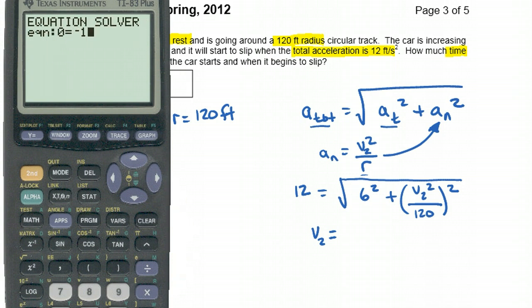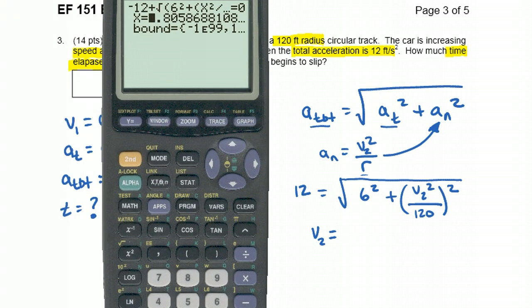Alright, so I'm going to have minus 12 plus the square root of 6 squared plus, I'll just go ahead and put this in a quantity, x squared divided by 120, quantity squared, and then that will end my square root, and we'll use 20 as the initial guess, solve for that, and get 35.3.